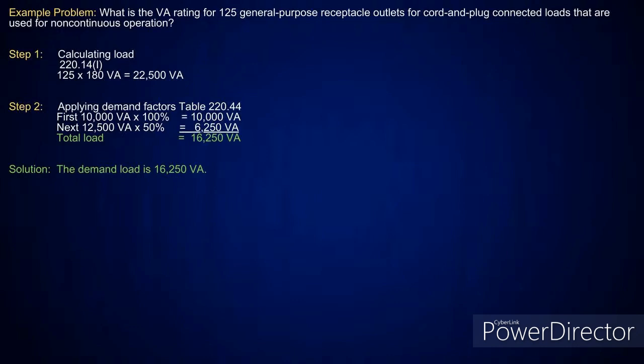So I'll take the first 10,000 at 100%, it's 10,000. Then I have 12,500 left over from that 22,500 VA. Take that at 50%, and that'll give me 6,250 VA. Add that together, and it gives me 16,250 VA.